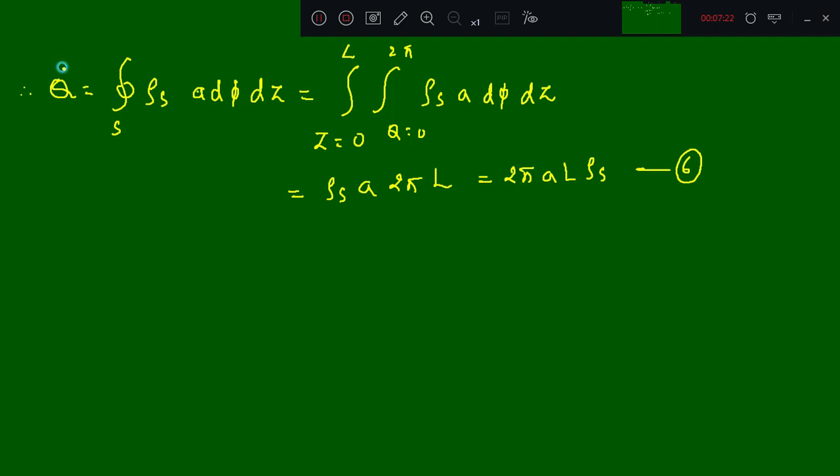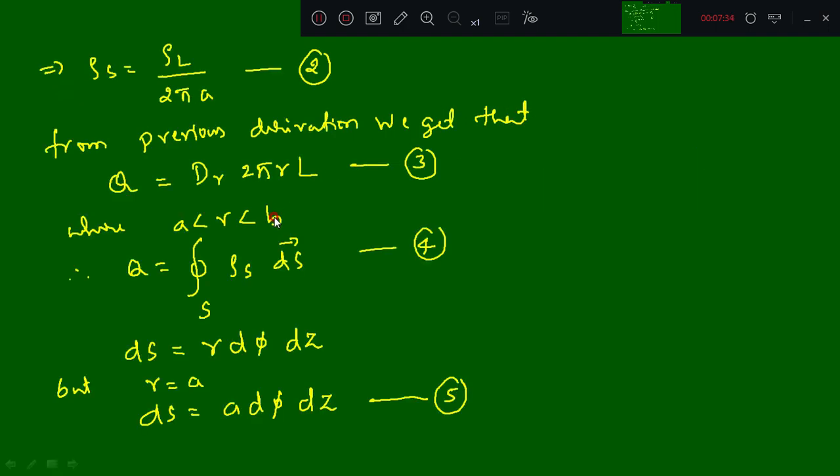So we have got one Q value, and the other Q value is Q equal to D r 2 pi r L. Equate equations number 3 and 6.